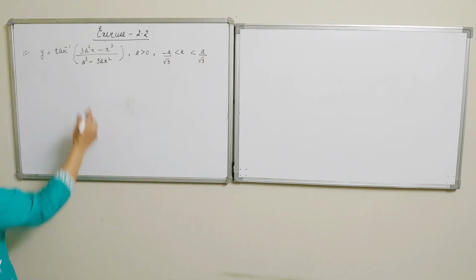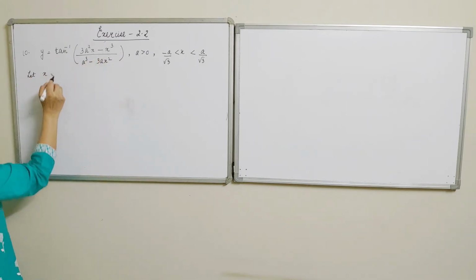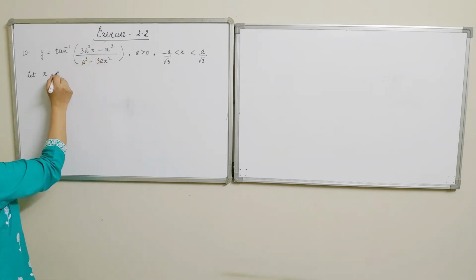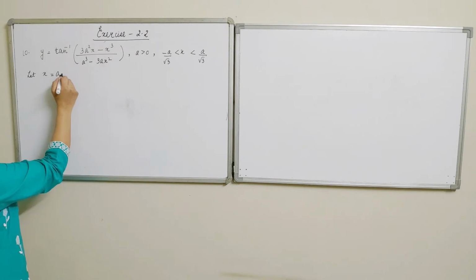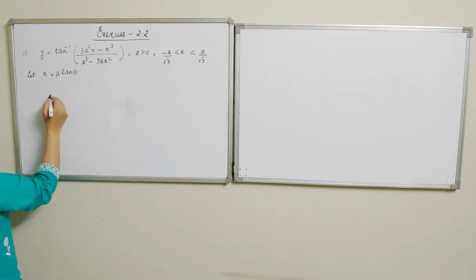So you can see here x is a variable, that means x needs some substitution. There is also a constant a here, so it has to be a times some trigonometric function. So let us substitute x as a tan theta.